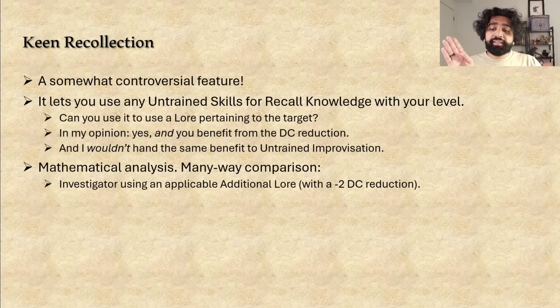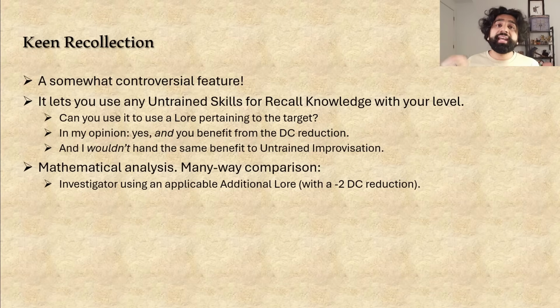First is the investigator using an applicable additional lore. This means you get a -2 DC reduction pretty much unambiguously. This is like saying you paid attention to the campaign pitch, picked up dragon lore with additional lore ahead of time, like you actually spent your skill feat on it, and now you have come across a bog dragon. There is no ambiguity to it. You have a lore that is applicable to the situation.